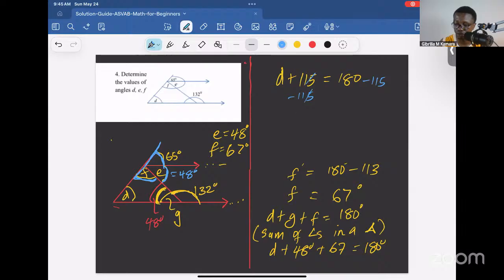This and this goes. So my D is equals to 180 minus 115. So your D becomes, if you subtract that, that gives you 65 as well.